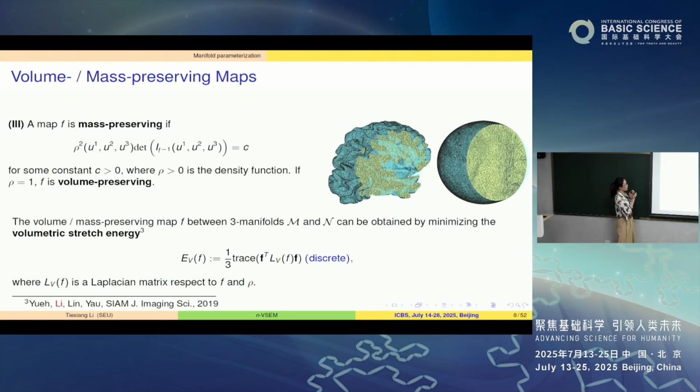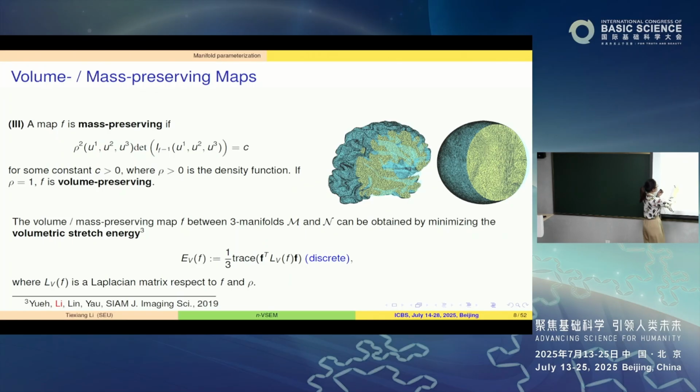But then we generalize that idea to volume or mass preserving. We say a map F is mass preserving if this equation is satisfied, and here rho is a density function.